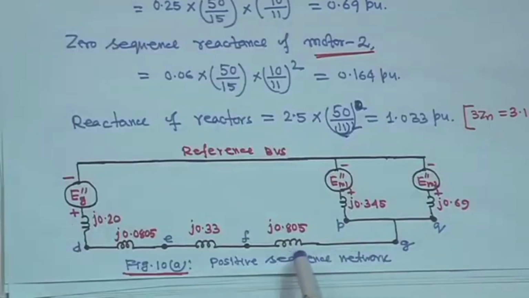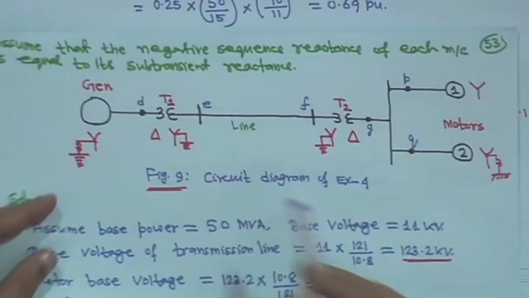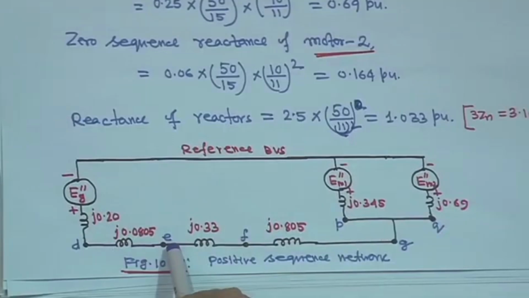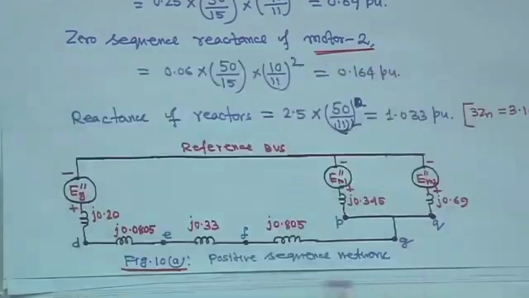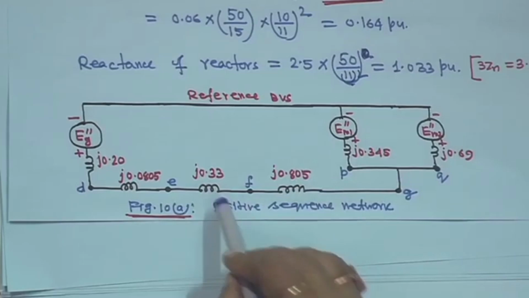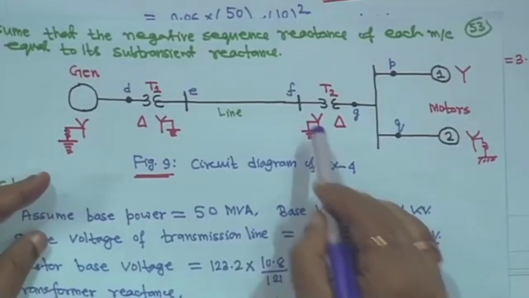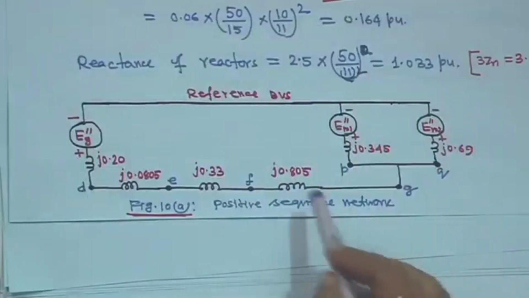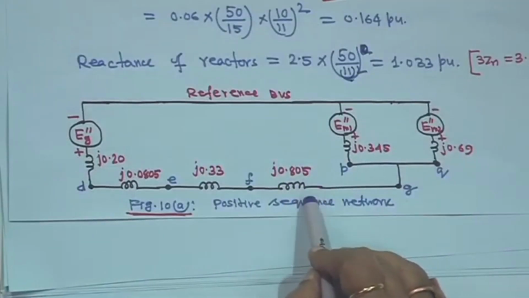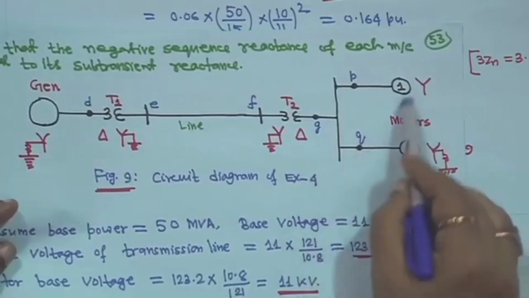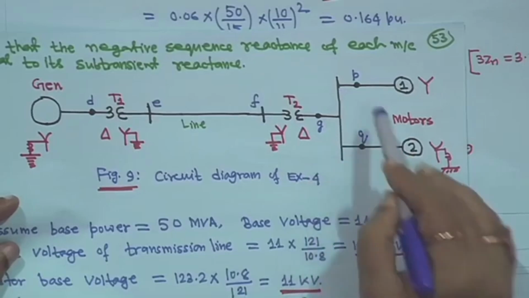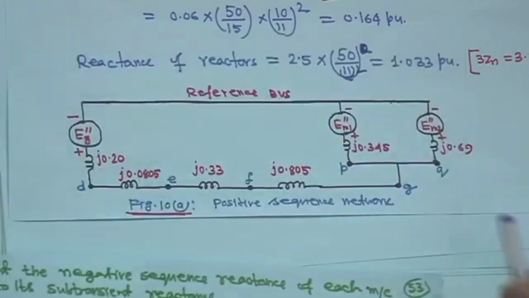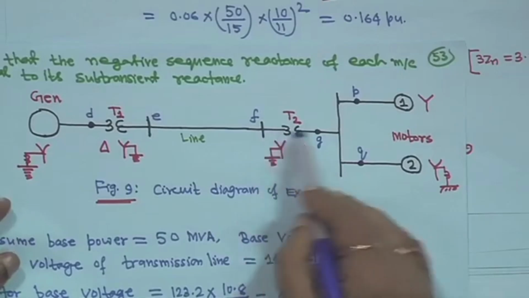Everywhere I am marking D to E transformer, so you will not make any mistake, D to E transformer, then E to F the transmission line, this is J 0.33, then F to G, that is again transformer T2, same parameter J 0.0805 per unit. Then these two motors are in parallel, because they are connected to the common bus bar. This point is P, this point is Q, that means this is from transformer F to G.